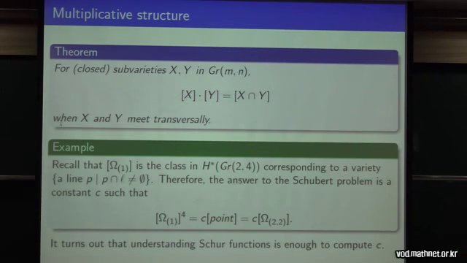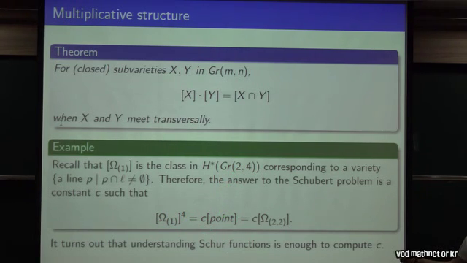So if you assume that the answer is intersecting these 4 of this set with a different L, it turns out the answer to that question can be interpreted as multiplying the Schubert class indexed by 1 and taking a power of 4, and the dimension of the Grassmannian is 4, so the answer should be C times a class that corresponds to 1 point.